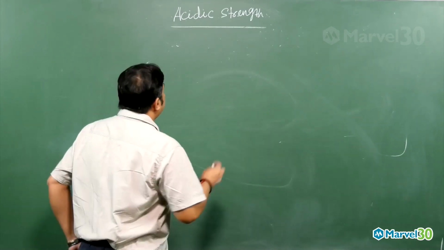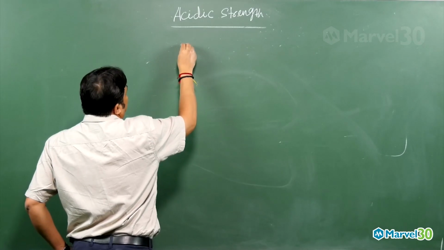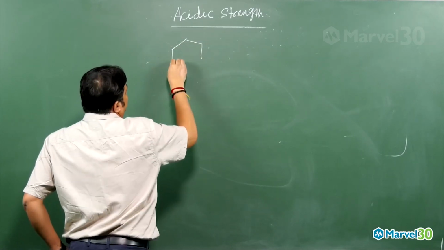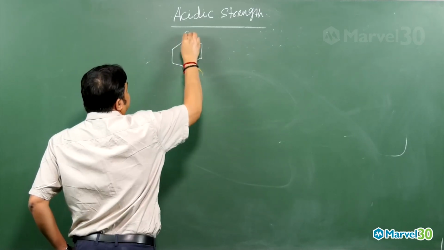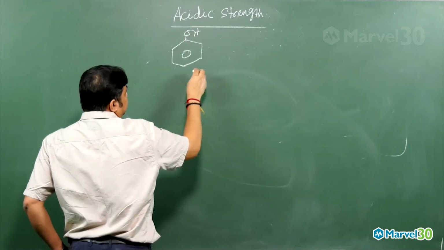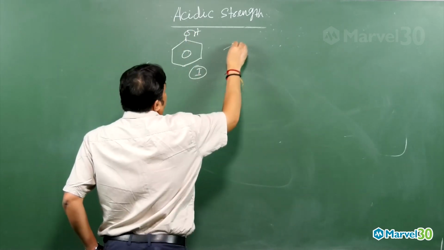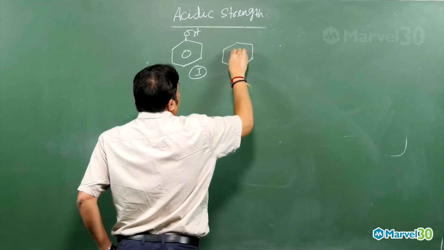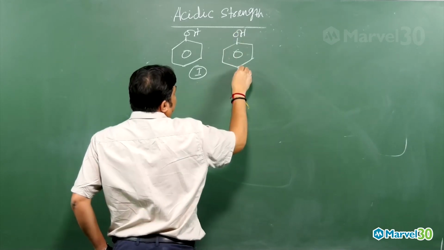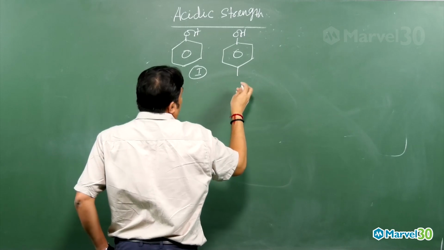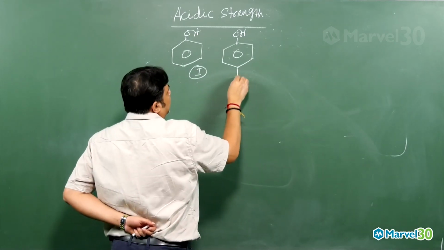Suppose they give a question like this: phenol as structure 1, and then in structure 2, phenol with a methyl group in the para position.